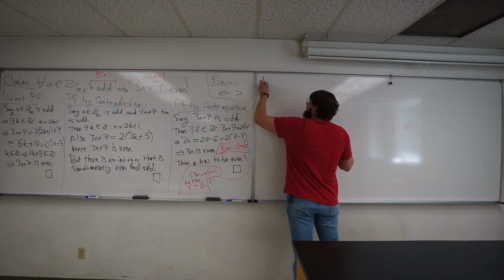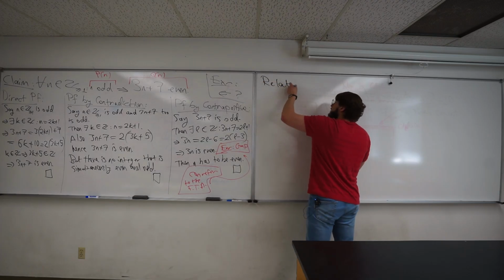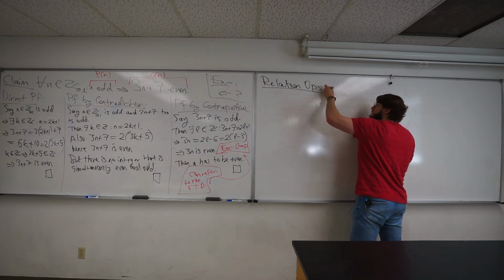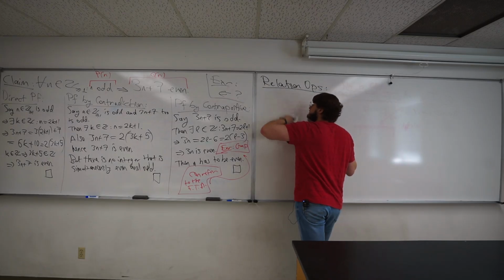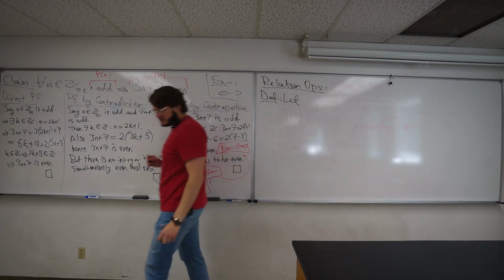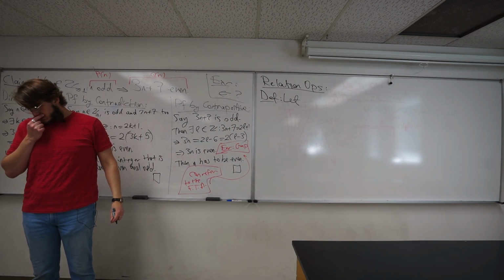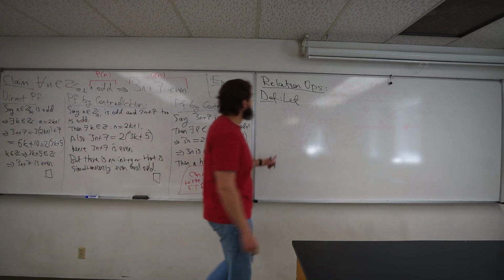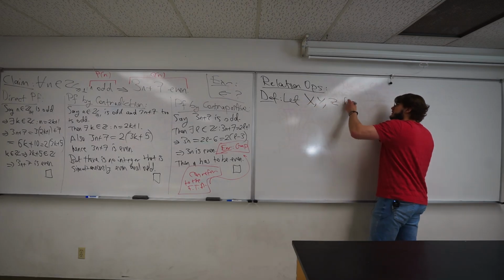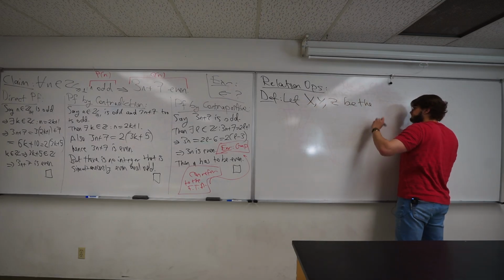So, relation operations. Definition. Let x, y, z be 3 sets.